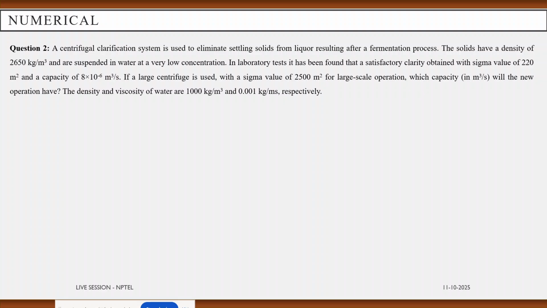The sigma value is given and the volumetric flow rate is given. If a large centrifuge is used with the sigma value higher, what will be the capacity or volumetric flow rate for that case? So we will use the same equation, but before that you have to note down what are the given data.